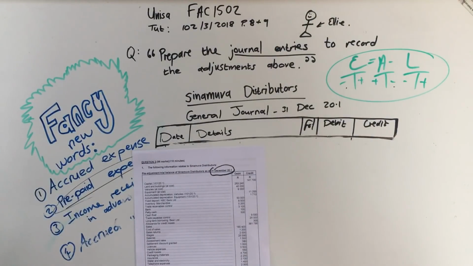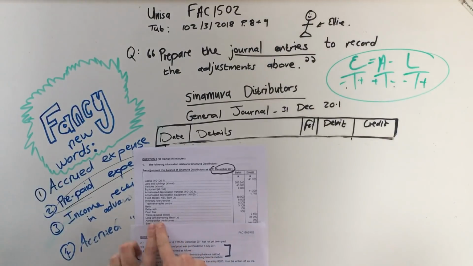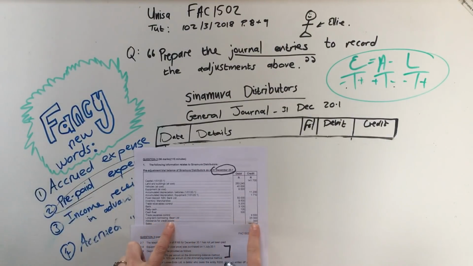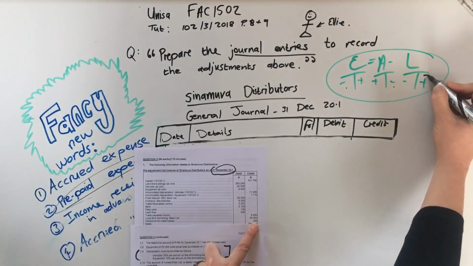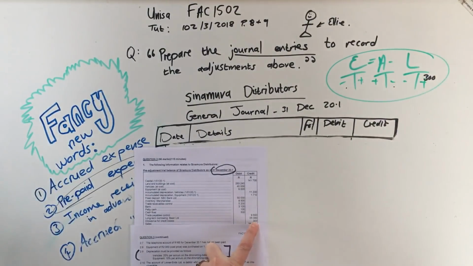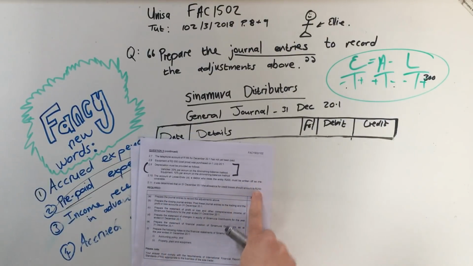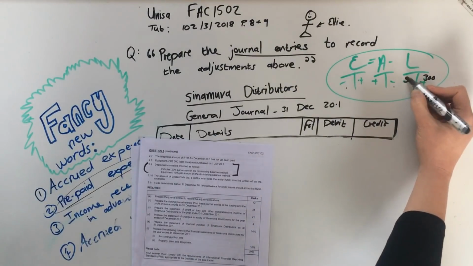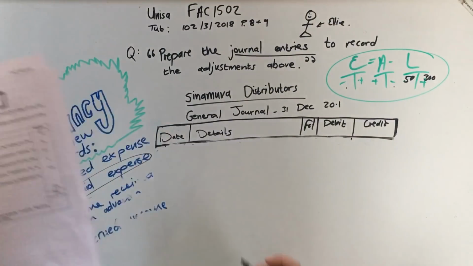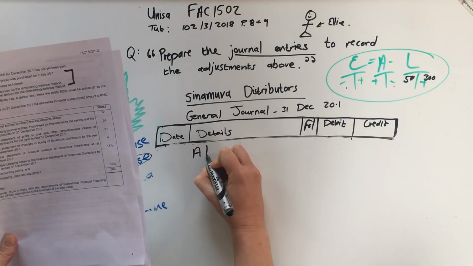Here on our trial balance, allowances for credit losses, 300. So what they're saying is we have a liability of 300, but they want to make it 250. So we write it off by putting the 50 on that side. So we're going to debit allowances.